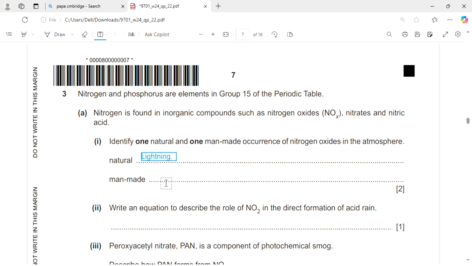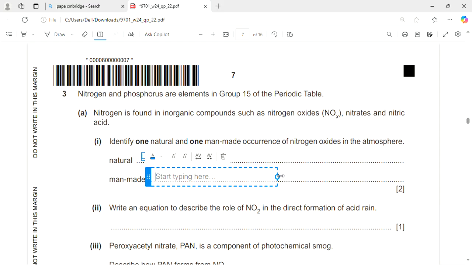Now another, man-made, internal combustion engines.